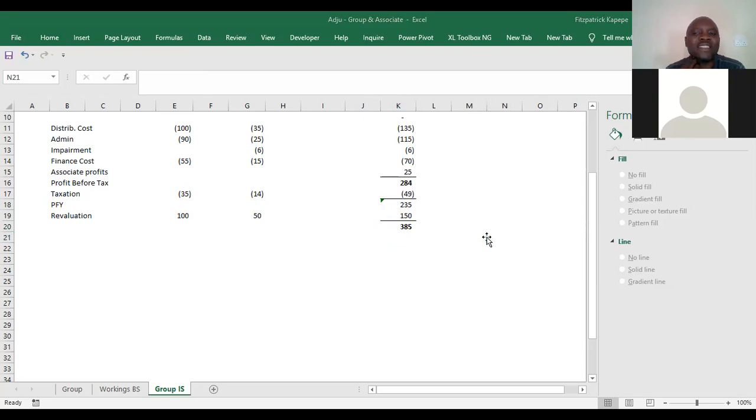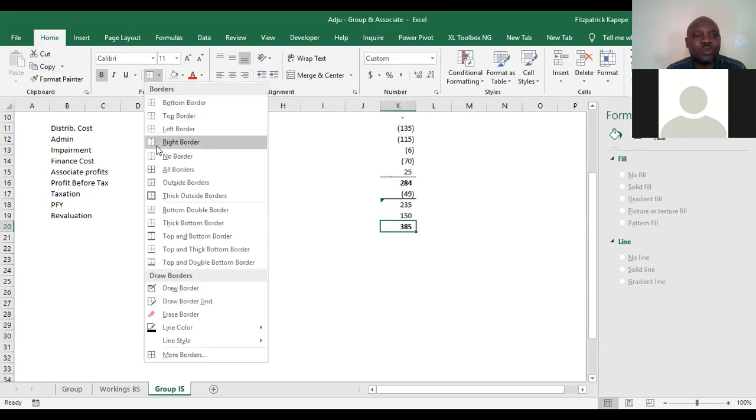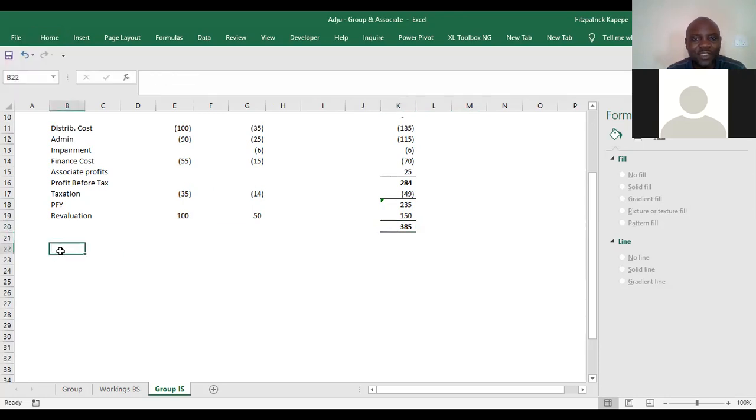This is when our mathematics begins. So the 385, from this 385, there is a component for the NCI, right? Okay. So there's a component for the NCI. So I'll leave some space for the parent company, which we don't know. For the parent company, it is going to be a balancing figure.